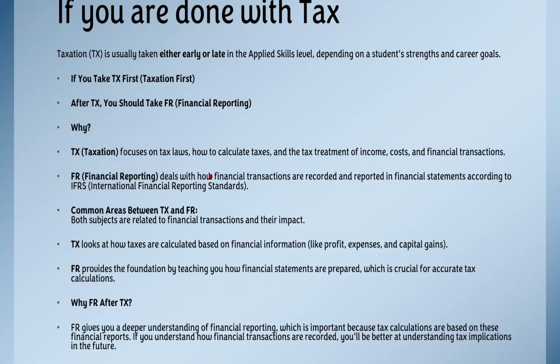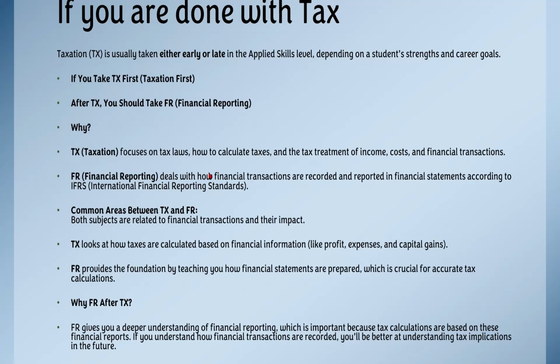Why so? Because tax focuses on tax law, how to calculate tax, and the tax treatment of income, cost, and financial transactions, whereas FR focuses on how the financial transaction is recorded and interpreted according to IFRS, right? But the common area is that in tax, certain expenses are disallowed.